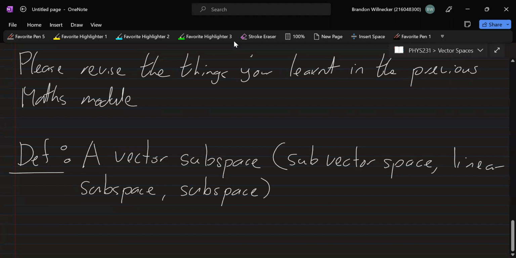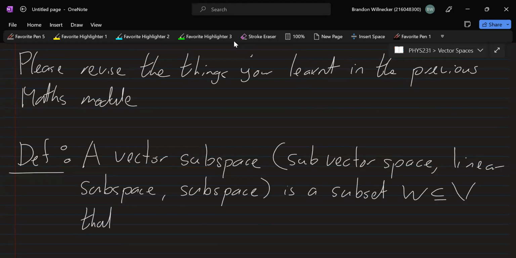Okay, so what is this? So a vector subspace is a subset of the set. So a set W, which is a subset of V, that is also a vector space.